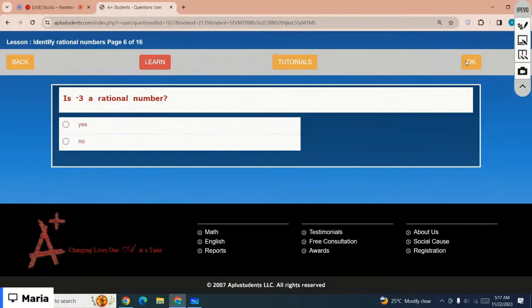Yes, it is a rational number. The correct option is yes.